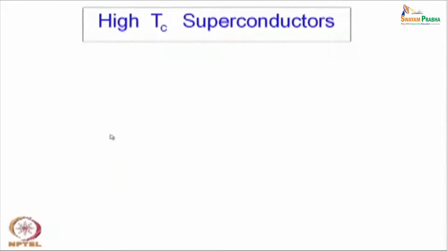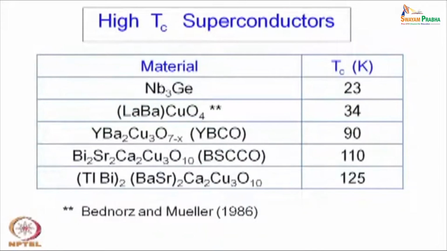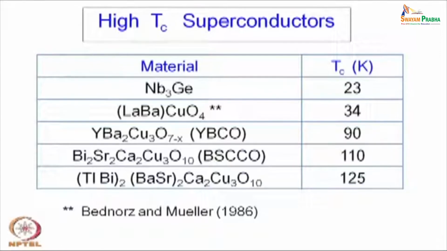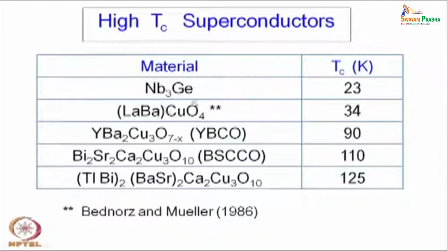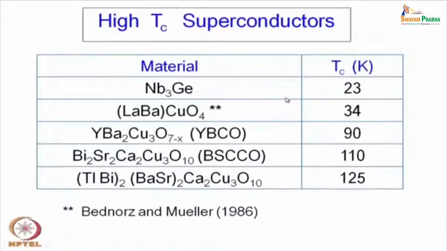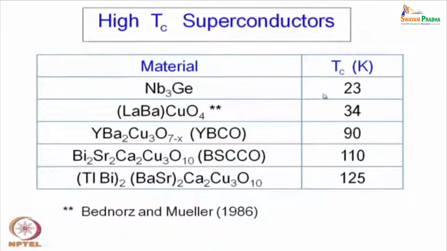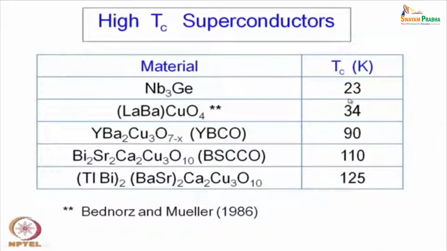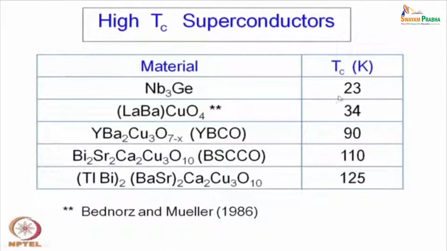However, in 1986 the first oxide based superconductors were discovered, and till that time niobium germanium was the highest superconductor, although it has been categorized under high Tc superconductors, but really not high Tc, except that they have a much higher transition temperature than the rest of the groups shown earlier.